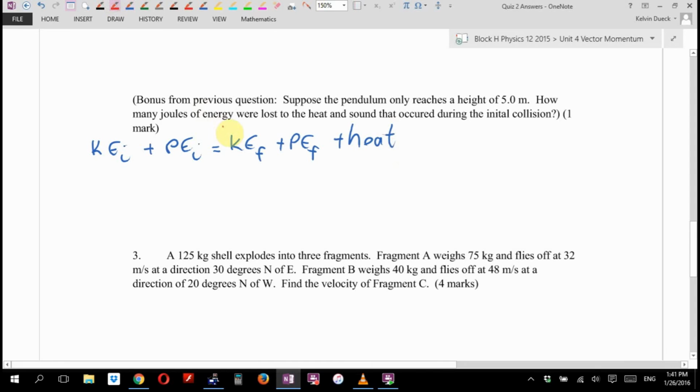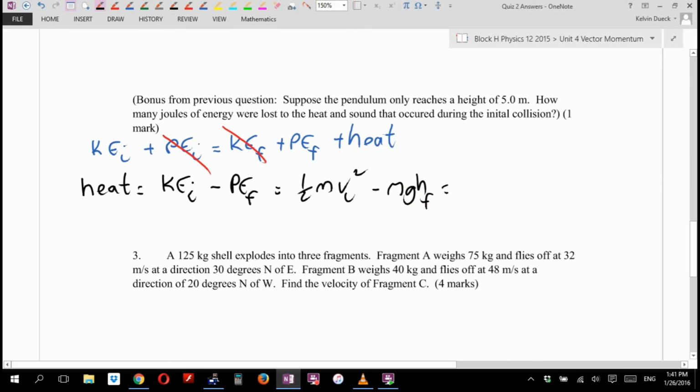And I think at the top we're still at rest, and we're still starting on the ground. So I think the heat is going to be KE initial take away PE final, which is a half m v initial squared minus m g h final.